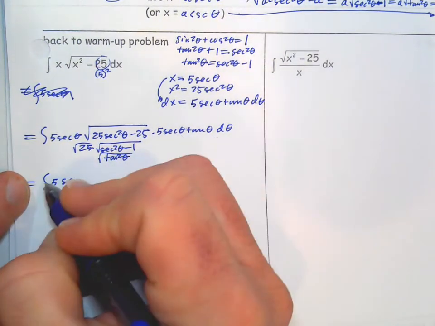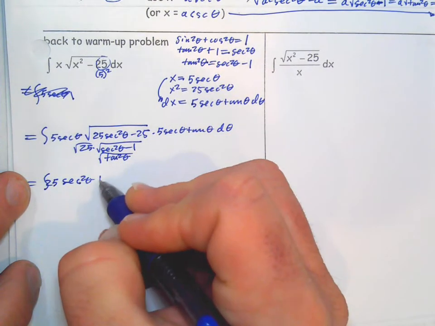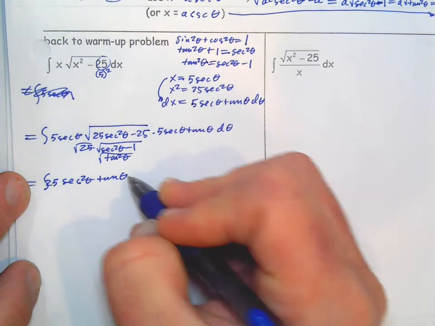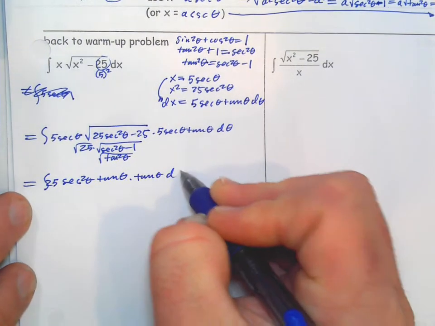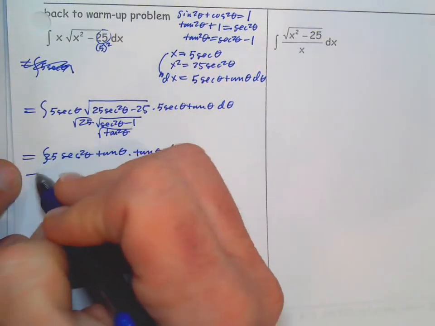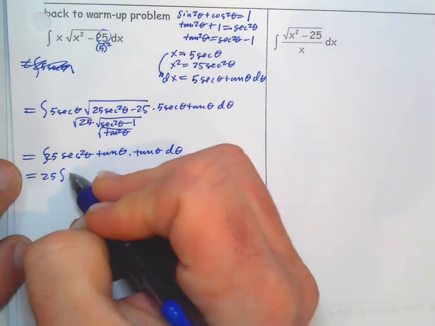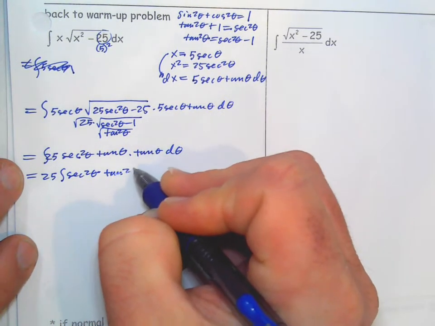Now, we could say 25. 5 and 5 is 25. Secant squared theta, tangent theta. That's from all that stuff. And then you're going to get another square root of tangent theta, which is tangent theta d theta. And I can move the 25 out front. And so this is secant squared theta, tangent squared theta, d theta.